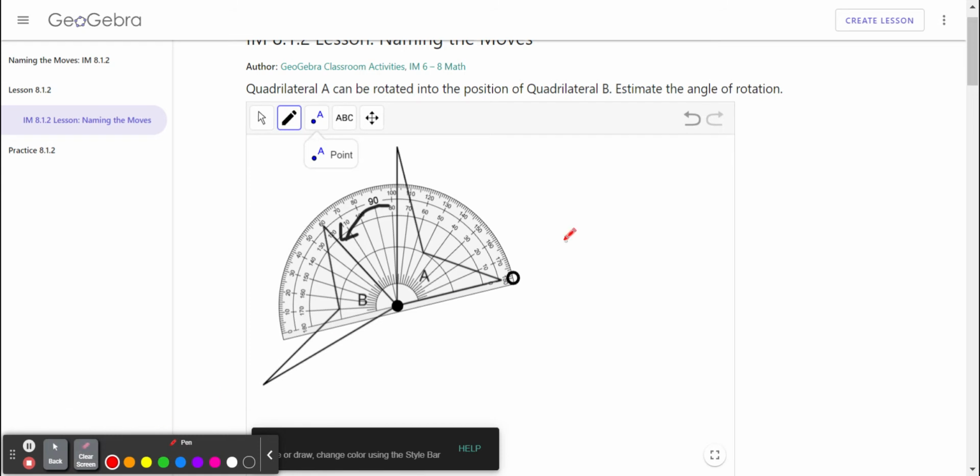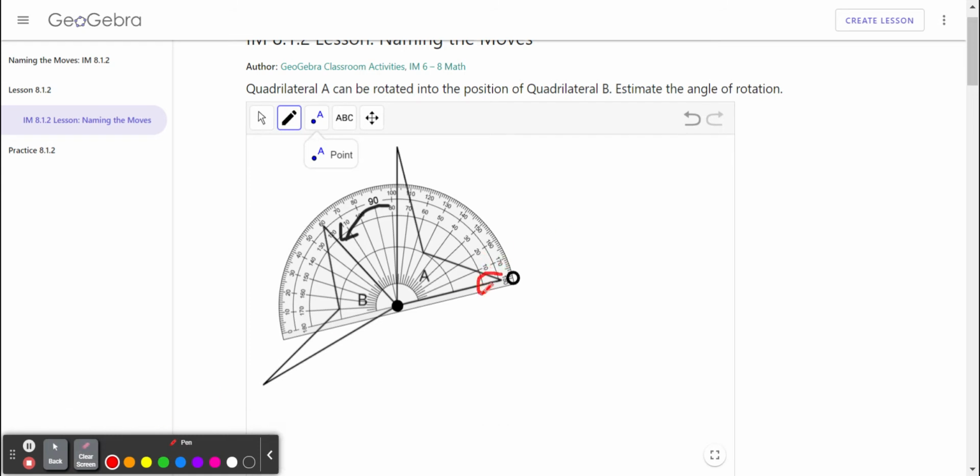Let's see if I can draw on the screen. So starting here at about 0, and this point, the corner of shape A, ends up at about 120. So the angle of rotation is about 120 degrees. And the reason why is because that is how far that same end point of the shape rotates from right to left when figure A rotates onto figure B.